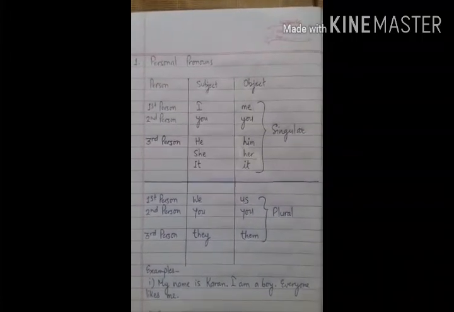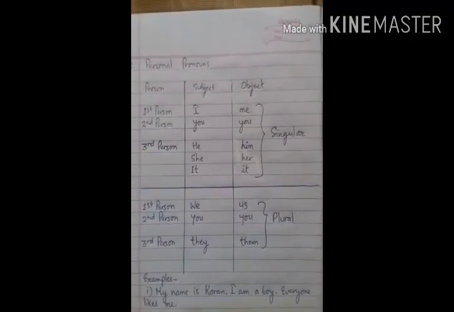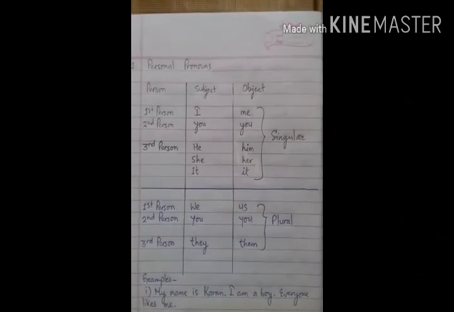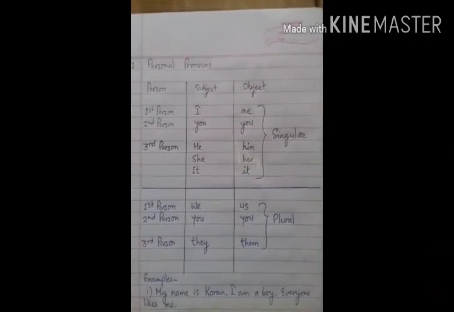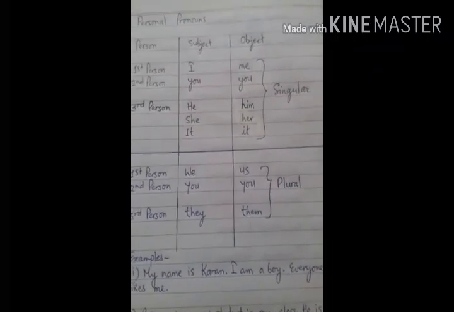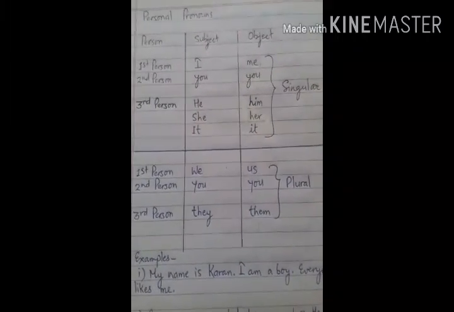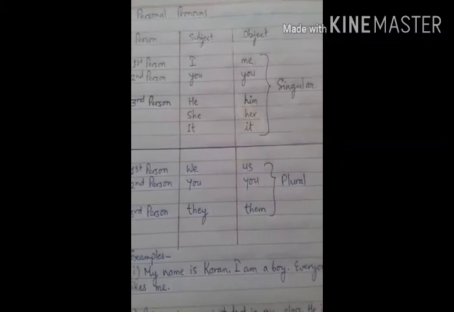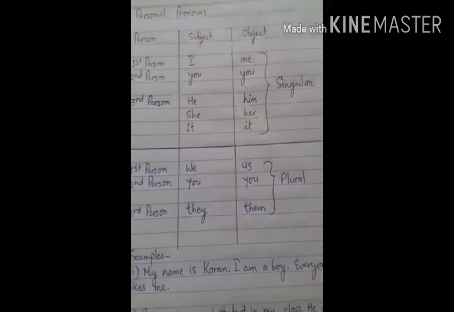To speak about the third person plural personal pronouns, if we speak about someone and those nouns are plural, it becomes "they", and when "they" is used as an object, it becomes "them". So these were the distinguishing features of personal pronouns, both used as subject and object.